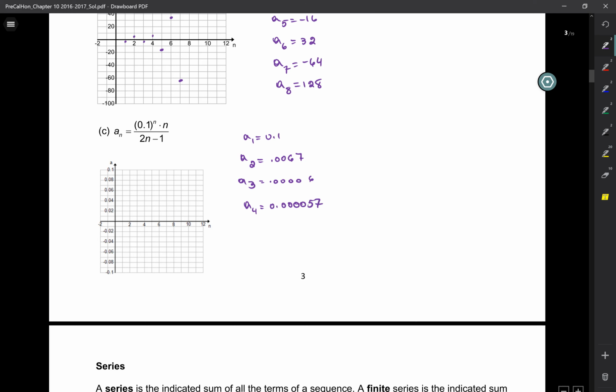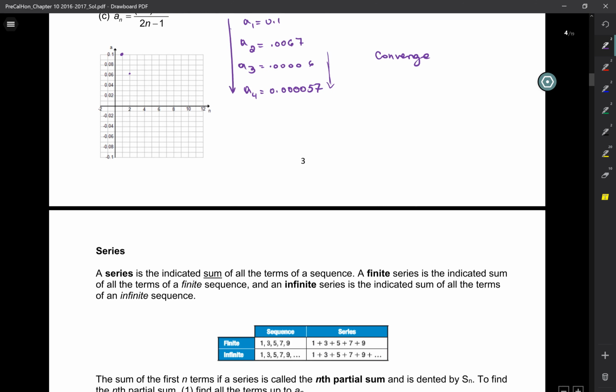Right? So what do you think? Converge or diverge? I think clearly this is going to converge, right? So we start at 0.1 and then each one is going to be less and less and less. Okay? So this is going to converge because it looks like as n is increasing, the values are going down to 0.